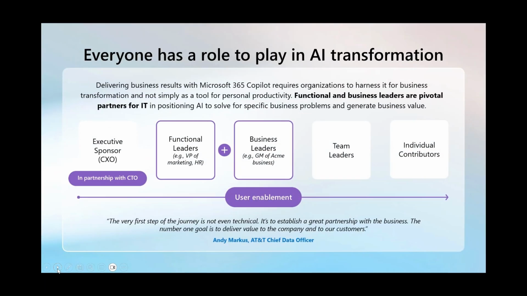Now, before we get on to all of our demos, when we're talking about AI transformation, I know transformation is an overused term sometimes, but when we're looking at delivering business results, regardless of whether it's with Copilot or not, we need to make sure that we have this executive type of sponsorship.